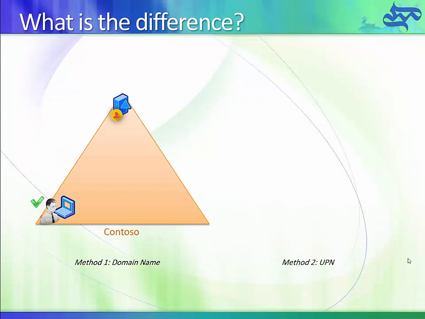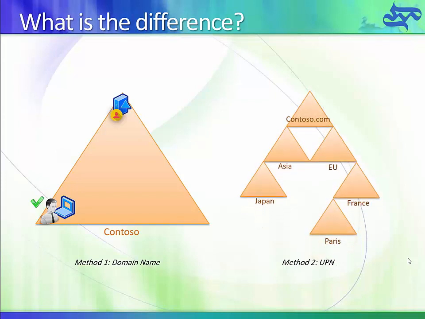And now for method 2, which is using UPNs in order to log into a computer account, let's consider a complex hierarchy of domains. This is an example of domains. Maybe it is not necessarily true in a real environment, but you should get the point.